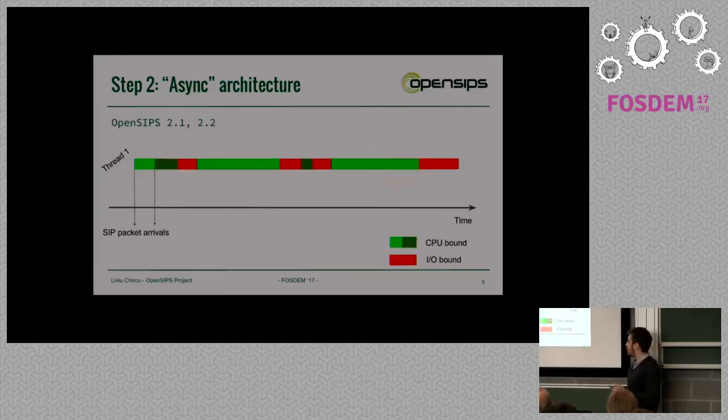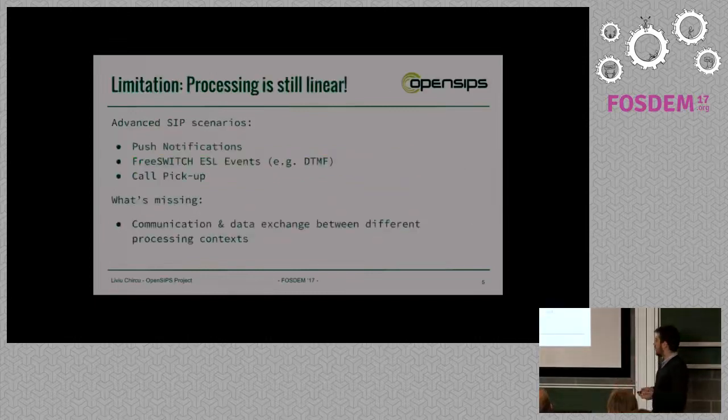For example, the fact that one message may need to exchange data with some other, totally unrelated message opens the need for a new mechanism.